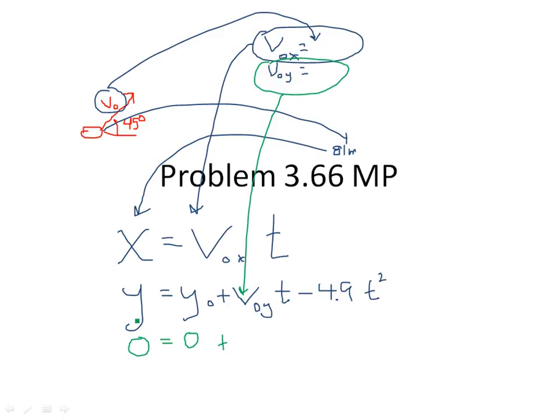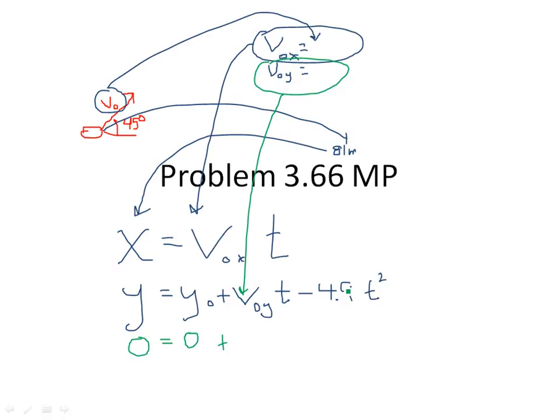Okay, you'll get 0 equals some term times t minus 4.9 times t squared. Factor that, and then in the parentheses solve for the value of t.